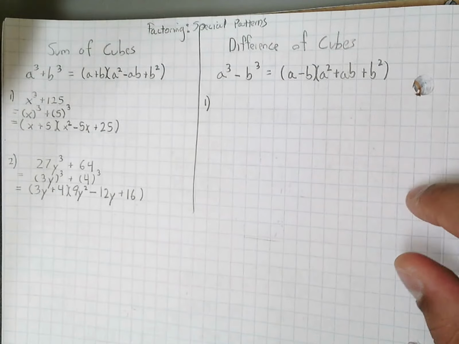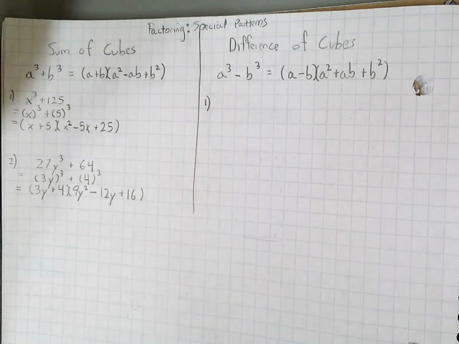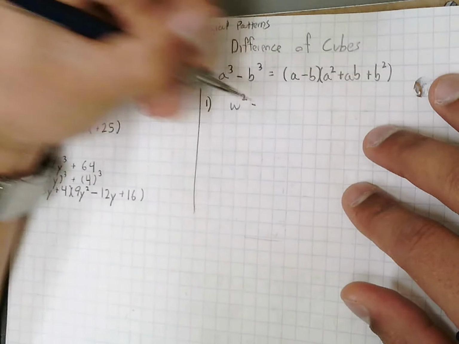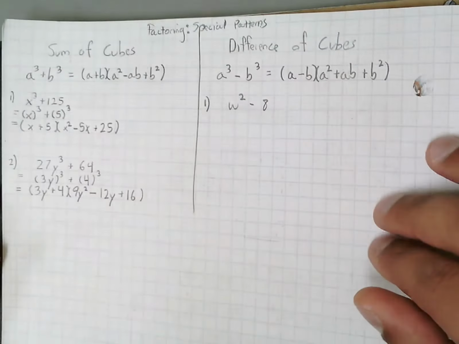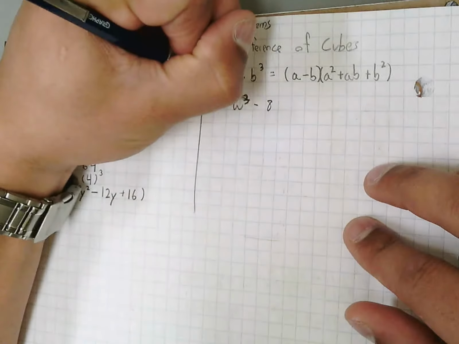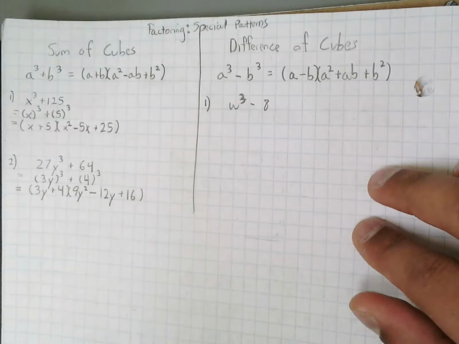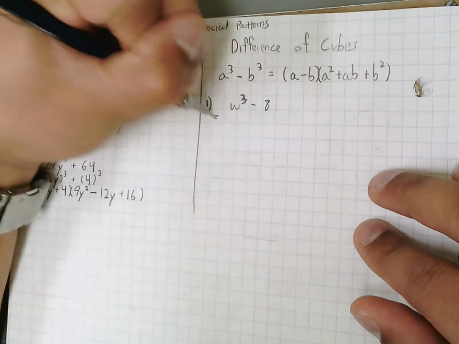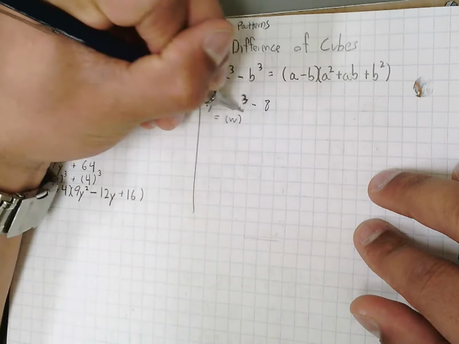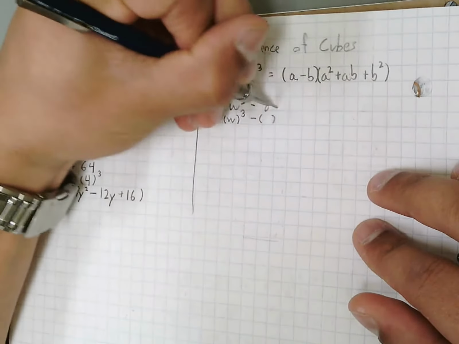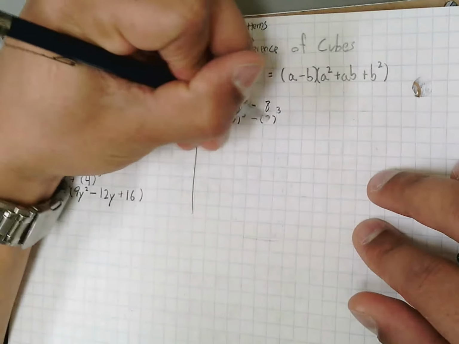Okay, so an example of difference of cubes, let's do w cubed minus 8. This is a difference of cubes. I have a perfect cube minus a perfect cube. So I'm going to rewrite this as w cubed, so I know my a value is w, minus what cubed is 8? 2.